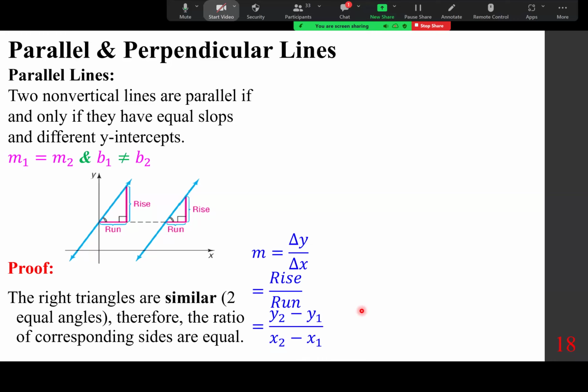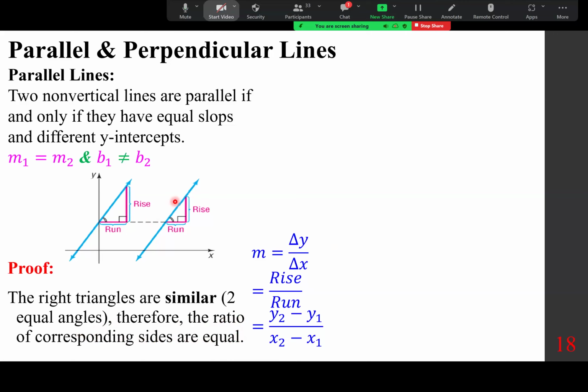In both cases, this ratio is the same because the two triangles are similar. So the ratio of corresponding sides are equal. Rise over run is identical for both cases because they are similar figures.